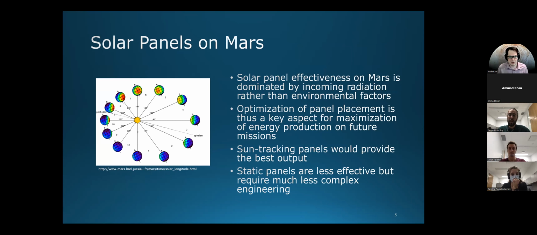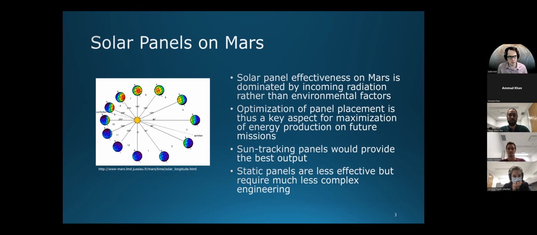Now, of course, we can expect that sun tracking panels would provide the highest energy output by just following the sun, since you're always going to get the maximum amount of energy from that direct sunlight coming through the atmosphere if your panel's directly pointed at it. However, static panels, even though they're less effective, are much easier engineering-wise and cheaper to put on a rover, and would be less prone to engineering difficulties because there are just less moving parts, less weight for your space mission.